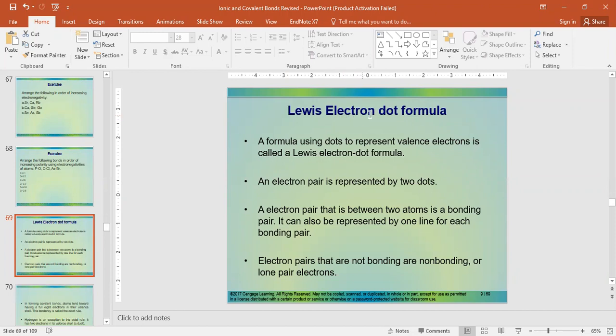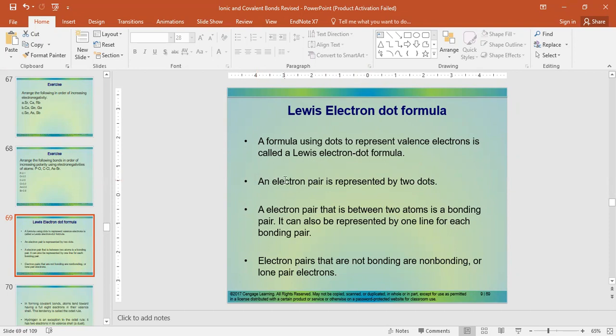So, Lewis electron dot formula. In the past, we were looking at the electron dot formula of elements, whether they are losing electrons or gaining electrons. In this particular case, we want to see what happens when compounds are formed, when covalent bonds are formed. So a formula using dots to represent valence electrons is called the Lewis electron dot formula.